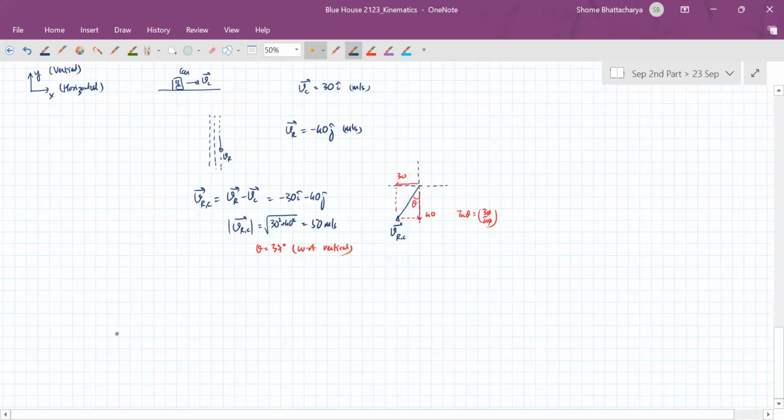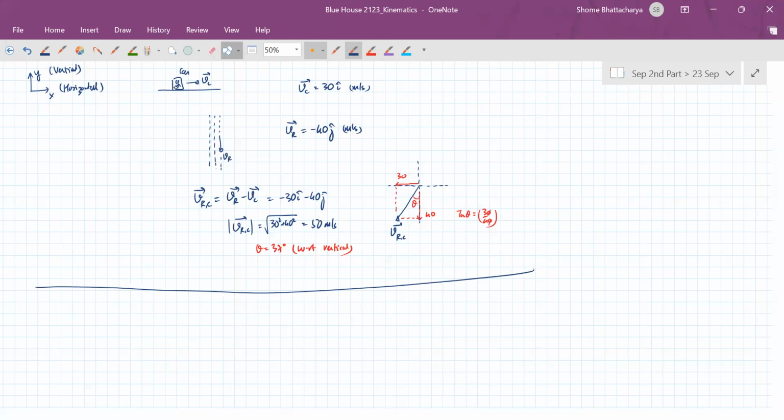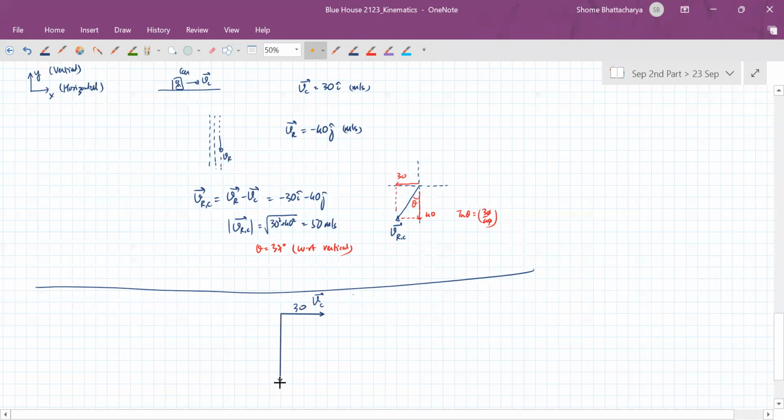The other way of doing the question is geometrically. Geometrically, we can do the question this way, that we draw the velocity of the car like this, which is the velocity of the rain in the ground frame.